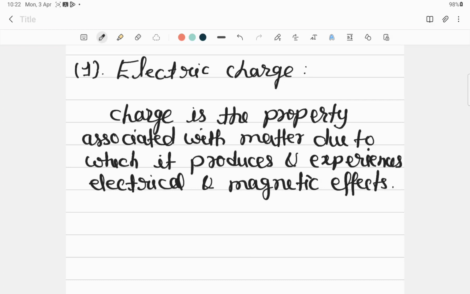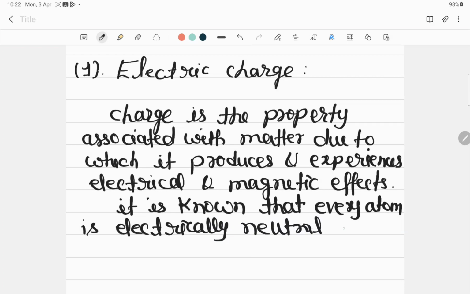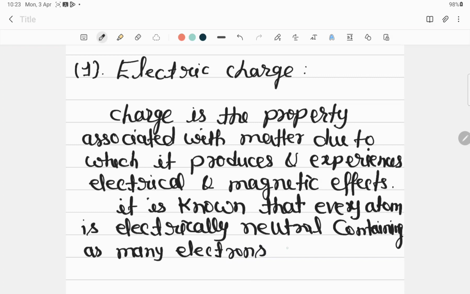And also it is known that every atom is electrically neutral, containing as many electrons as the number of protons in the nucleus.